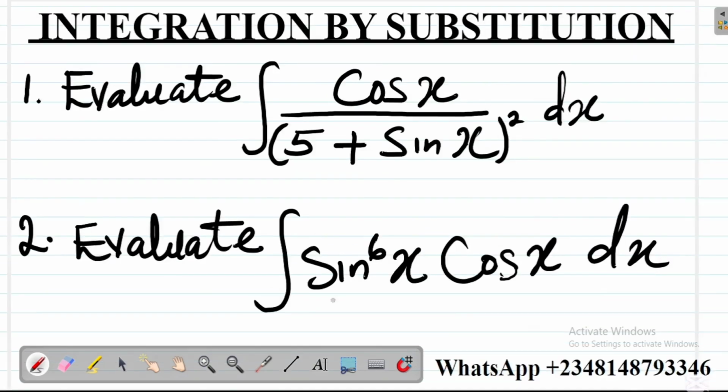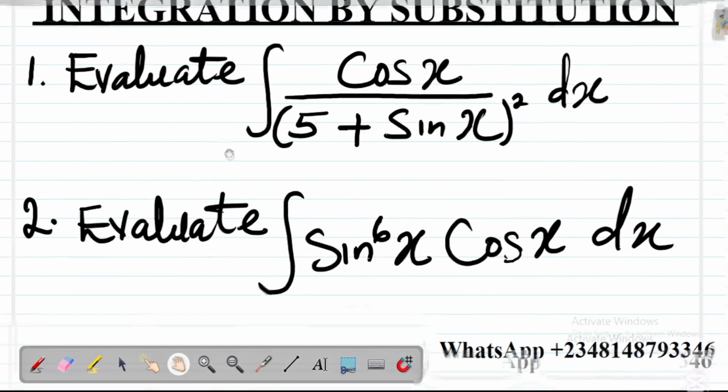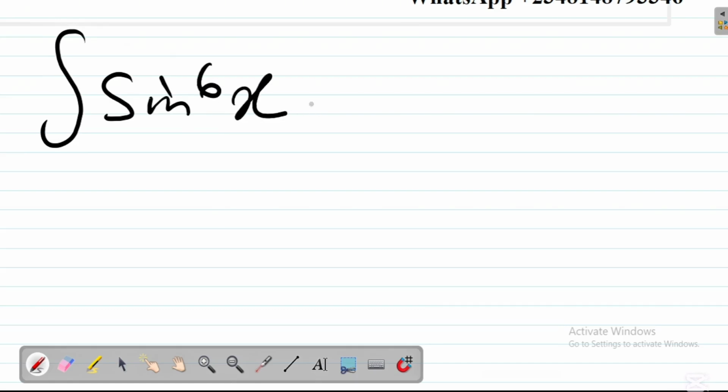Now let's solve the second question. We are asked to evaluate the integral of sin^6 x and then cos x dx.